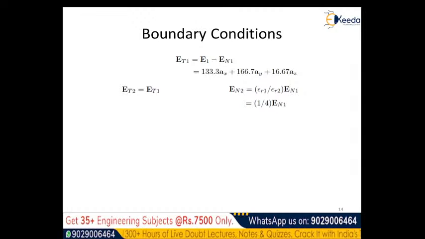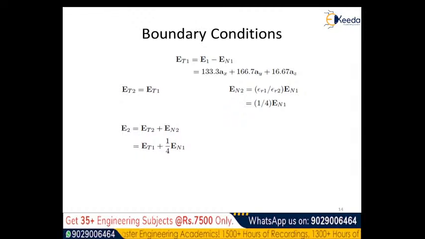Therefore we require the complete electric field intensity in region 2, that is E2, the addition of the corresponding tangential component and normal component of electric field intensity in region 2. From the boundary condition we make the substitution: for the first term it is Et1, and for the second term we have 1 by 4 times En1.